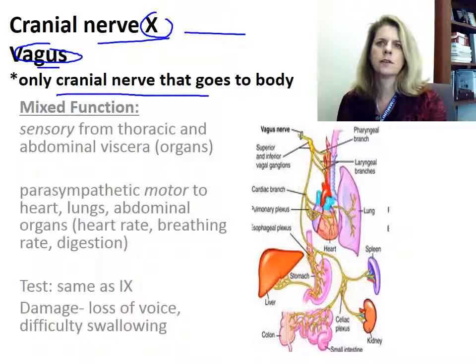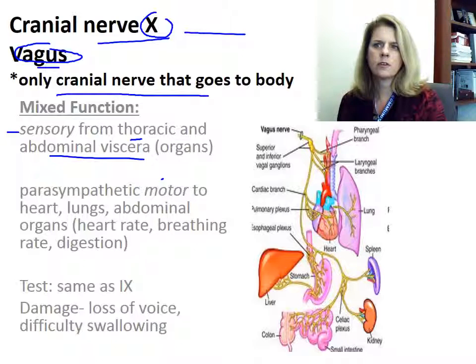Remember this one? It is a mixed nerve. It has a sensory portion and a motor portion. The sensory is from your thoracic and abdominal viscera, so the organs in your chest and your abdomen. Parasympathetic motor, it helps innervate the heart, the lungs, abdominal organs, so it helps control heart rate, breathing rate, digestion.